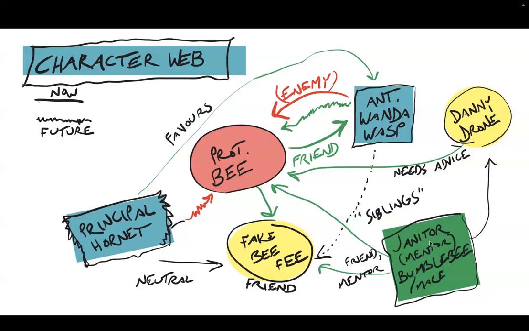And we have Bumblebee, who's a male bumblebee, who's the janitor in the school, and he's a kind of mentor here. And then we have the principal, who's an older character who favors Wanda and doesn't like Bee.